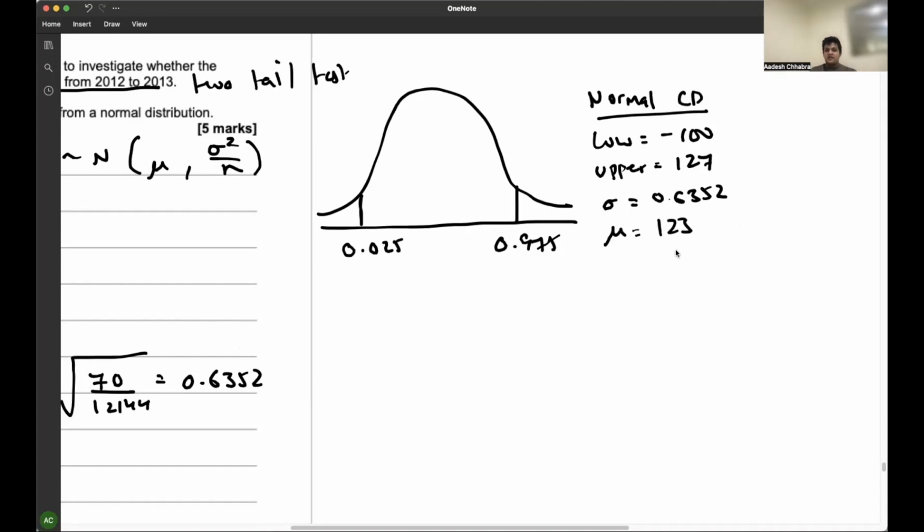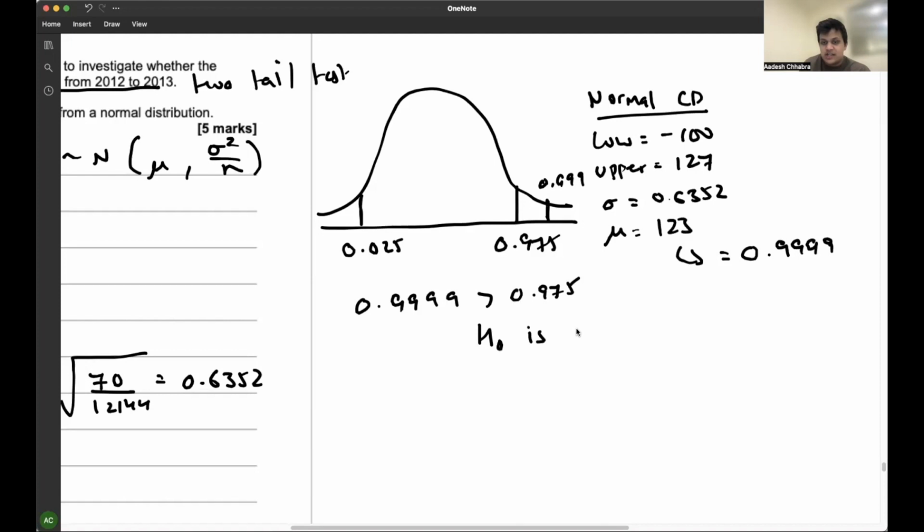If I calculate this, it comes out to be 0.9999. And since 0.9999 is greater than 0.975, it occurs somewhere here in this tail. So 0.9999 will be here.